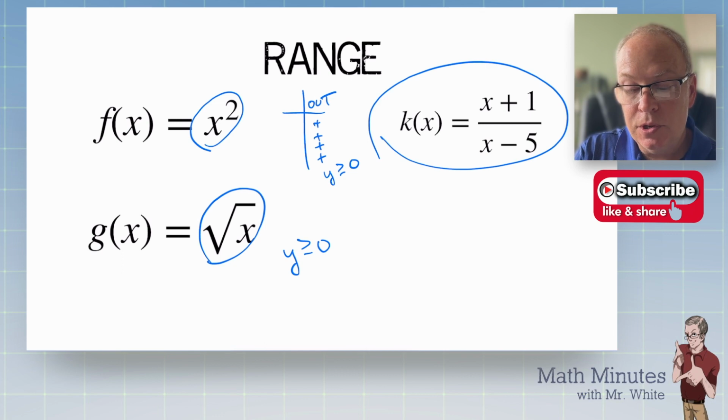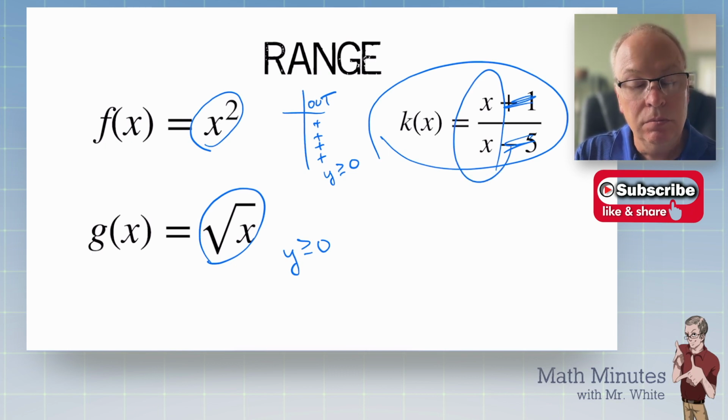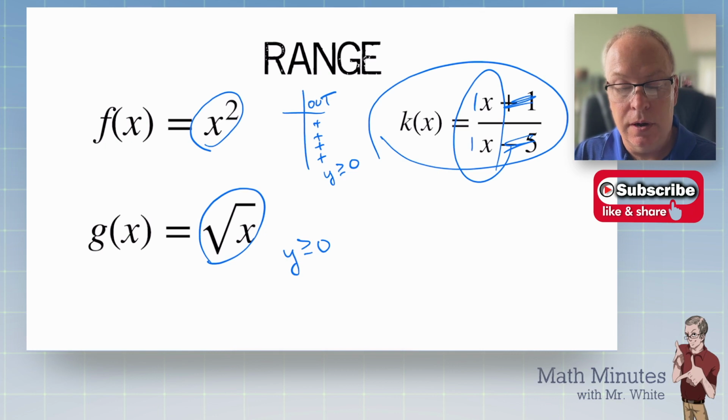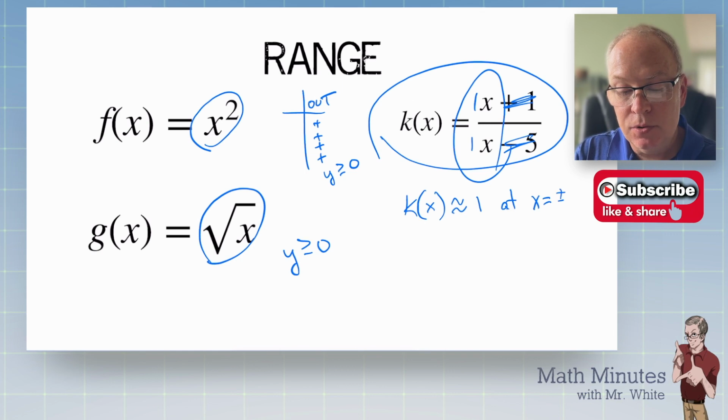Horizontal asymptotes are where, if you imagine sort of getting rid of this extra stuff here, do you see how those cancel? X divided by x is 1, and there's a 1-to-1 ratio there. So that means k of x is approximately equal to 1 at x equals plus or minus infinity.